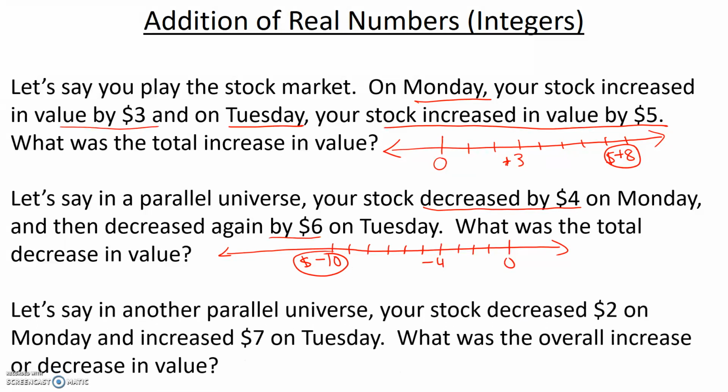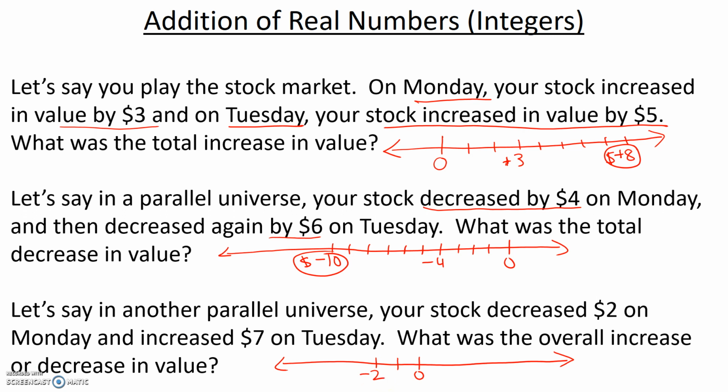Let's look at one more example. In another parallel universe, your stock decreased by $2 on Monday and then increased by $7 on Tuesday. What was the overall increase in value? Let's see what's going on. 0 is the current price of your stock. Your stock decreases by $2, so from 0, we're going to decrease $2, which is represented by the integer -2.